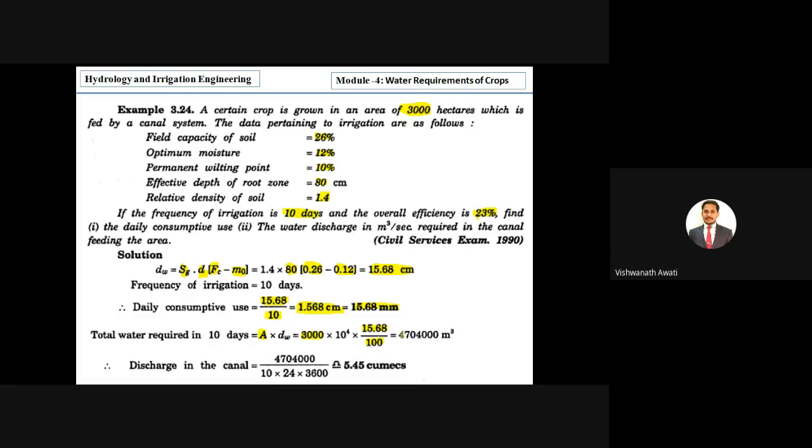Then discharge in canal: total water required in 10 days divided by seconds, converted as 10 days into 24 hours into 3600 seconds. Then you will get in terms of cumecs, meter cube per second.